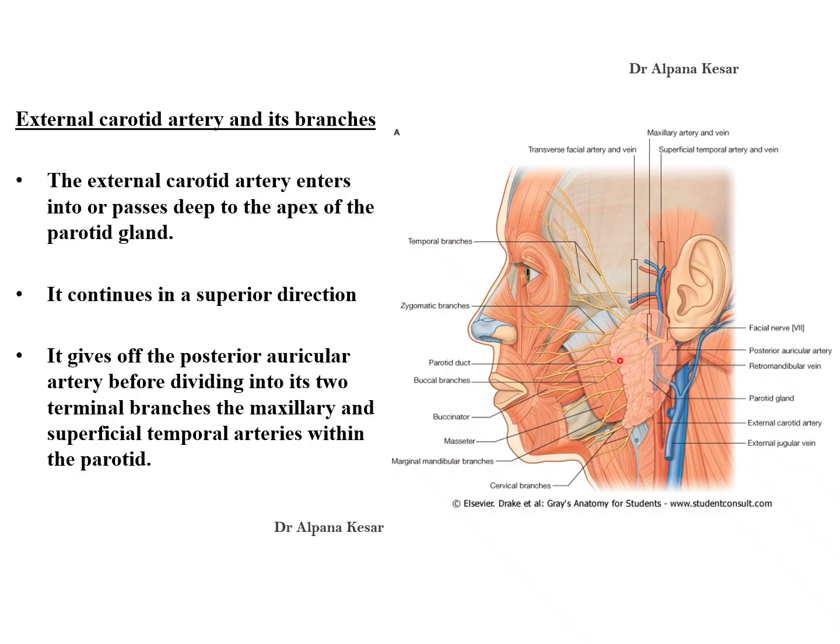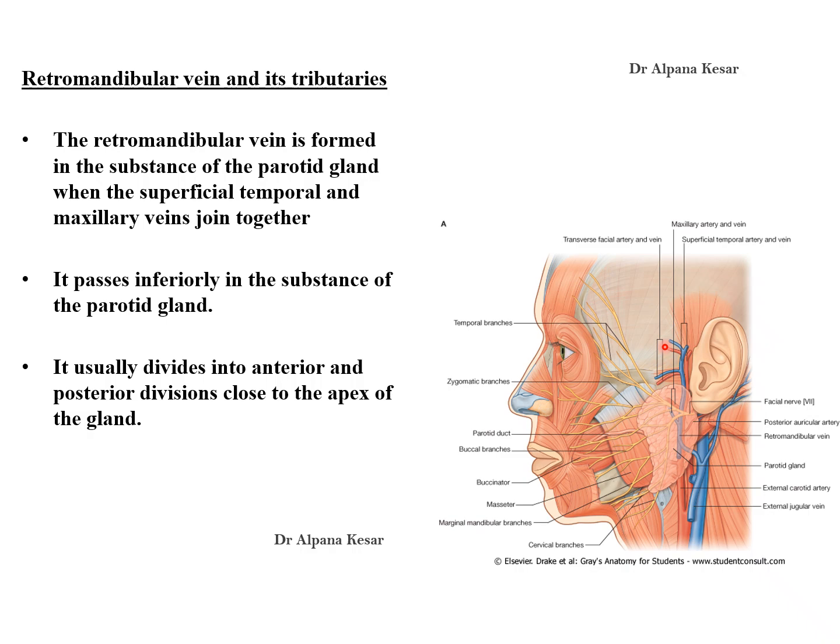And again, during the parotid surgeries, care must be taken not to damage these branches or the external carotid artery. The third structure that passes through the parotid gland is the retromandibular vein and its tributaries.